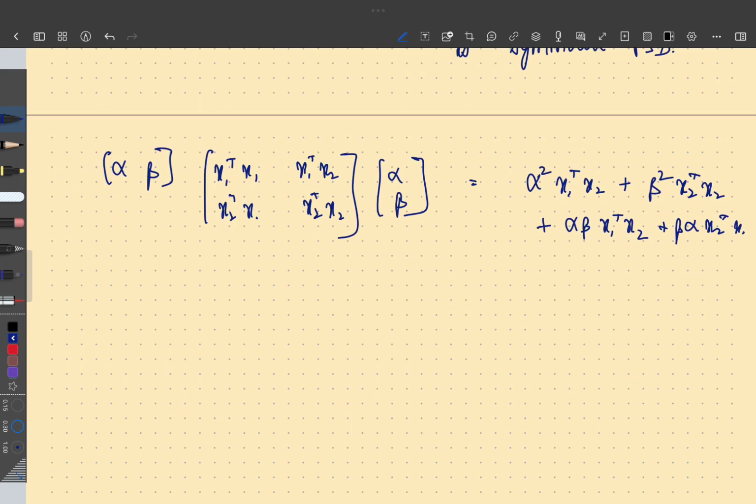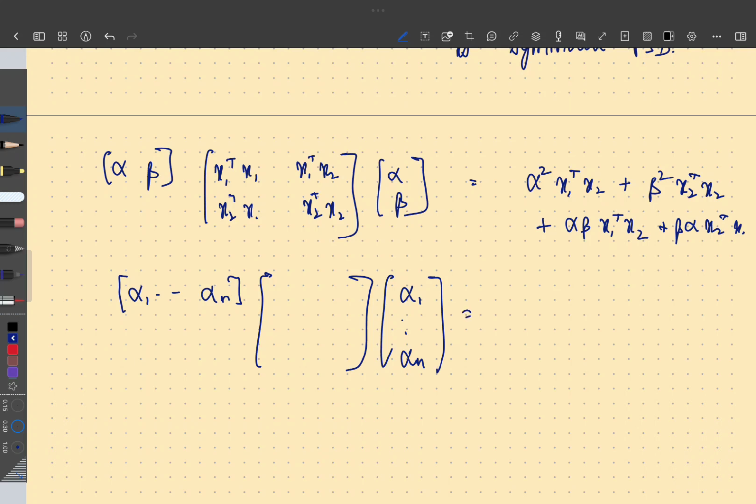So more generally, if I have a vector alpha 1 through alpha n times this inner product matrix times alpha 1 through alpha n, what can you say?